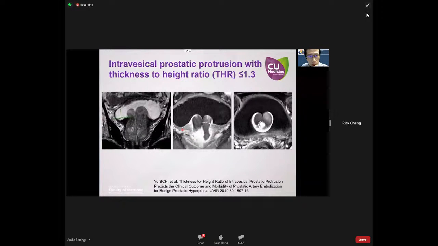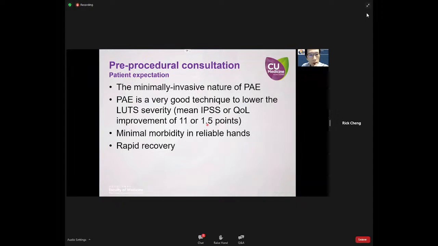By the TH ratio of less than 1.3, we try to identify those tubular-shaped IPP within the bladder. We know after embolization, this should become necrotic and very soft, and because of the bicuspid valve effect, it would lead to worsening of the obstruction.